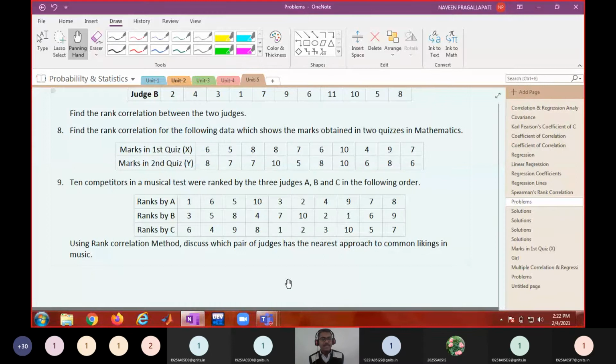That is going to be the answer. Will you do this problem? Yes, sir. So consider it as homework. You have to find out 3 rank correlations and find the pair which has the highest rank correlation.